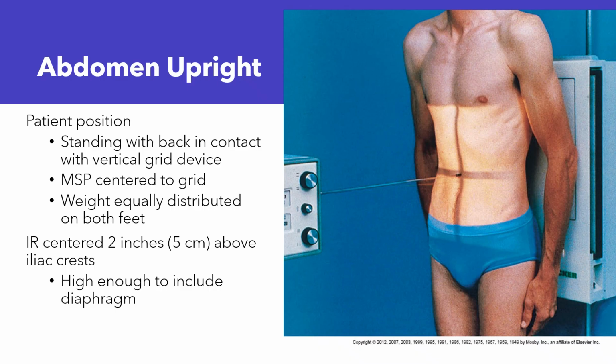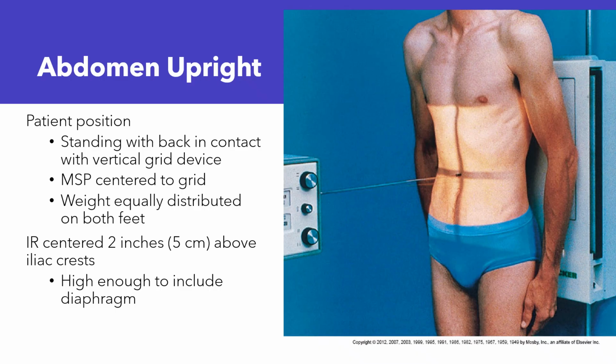So we're putting the image receptor in the vertical Bucky device. Again, the mid-sagittal plane is centered to our image receptor. But this time we're going to raise that centering point up 2 inches from the level of the iliac crest. The reason is we want to catch the diaphragm.